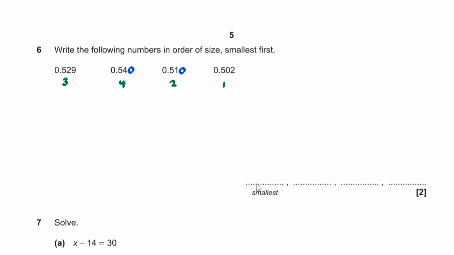So we have 0.502, followed by 0.51, followed by 0.529, followed by 0.54.